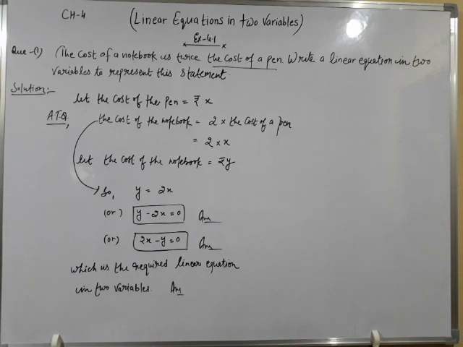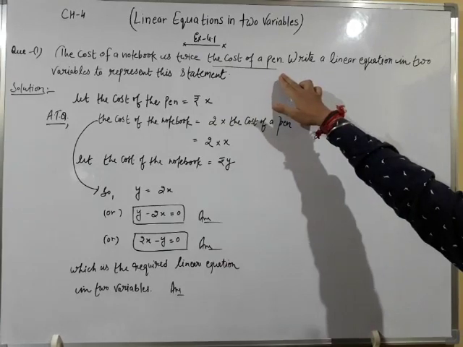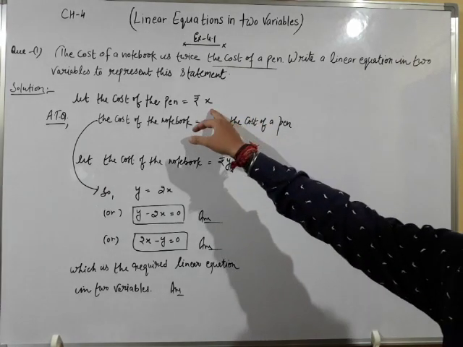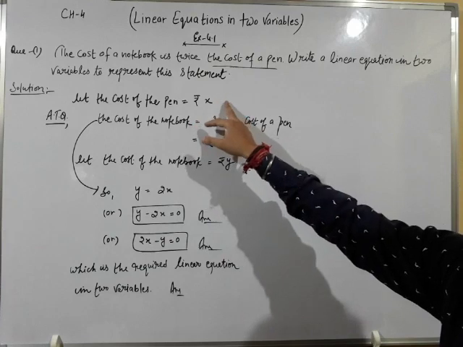So we will start our solution with the help of the independent variable, and the cost of a pen, which I have underlined here, is the independent variable of the question. So we will assume that the independent factor equals x. Let the cost of the pen be rupees x.